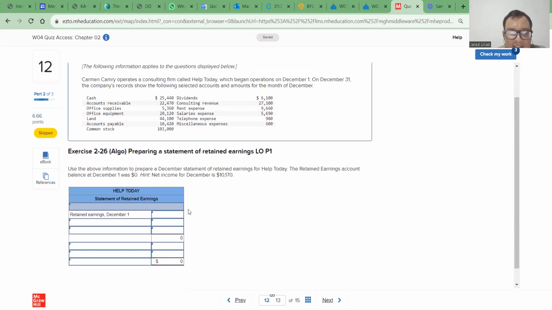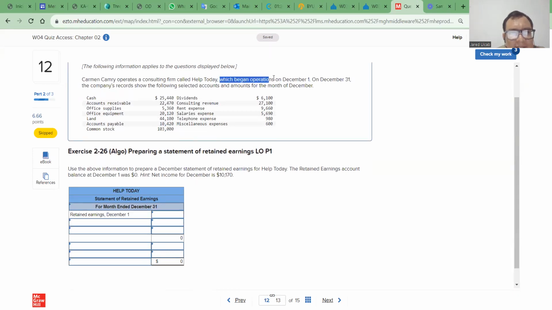And we have to prepare the statement of retained earnings. For this statement, we also use a period of time, with the retained earnings at the beginning of the period on December 1st.